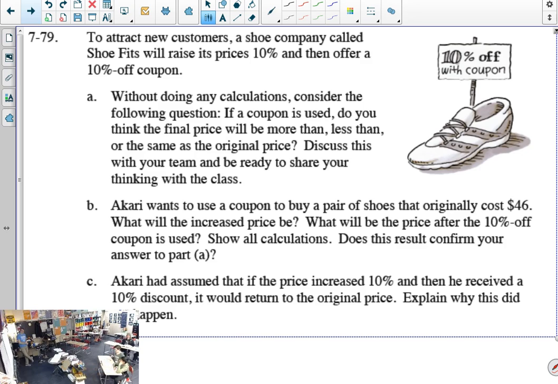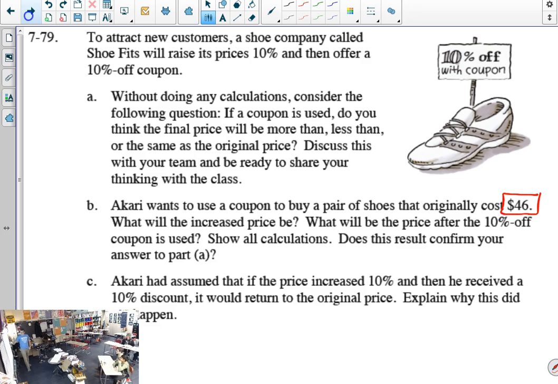So, the shoes originally cost $46. If his coupon is going to get him 10% off, now this is a really simple question. Will he pay more or less? He'll pay less, right? So is this percent increase or decrease?